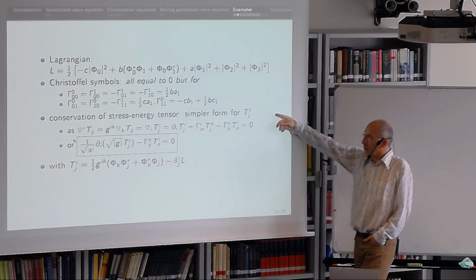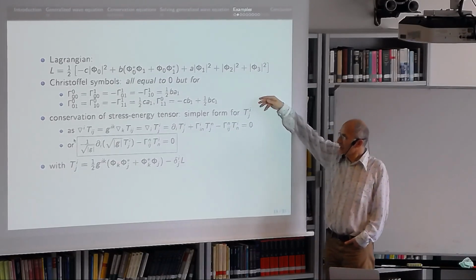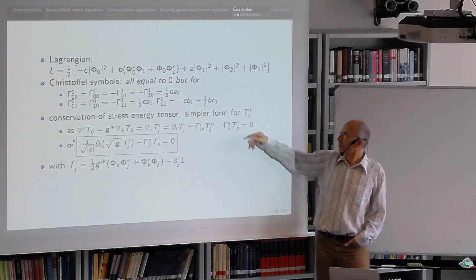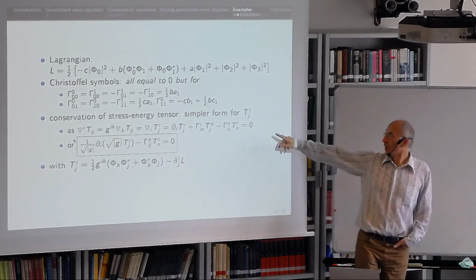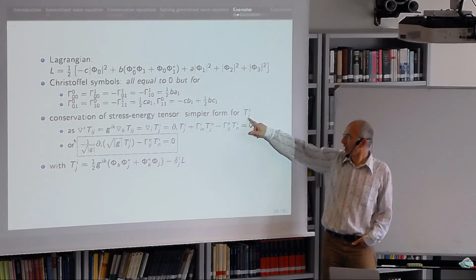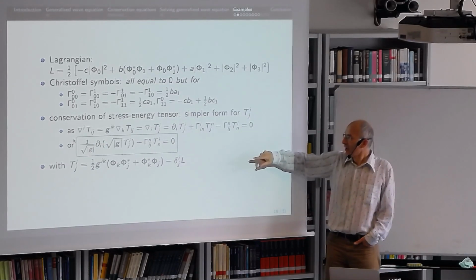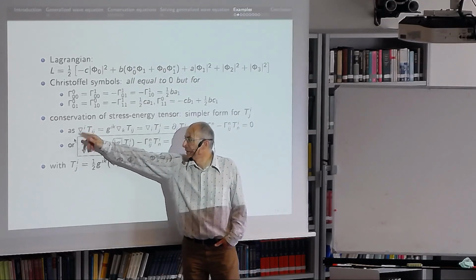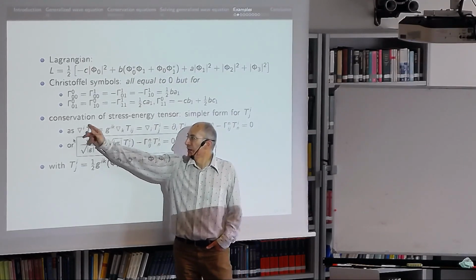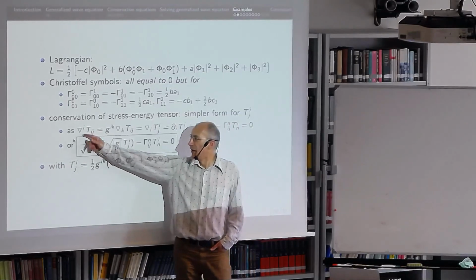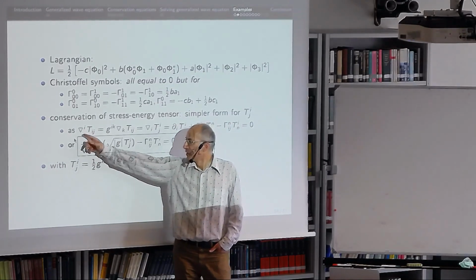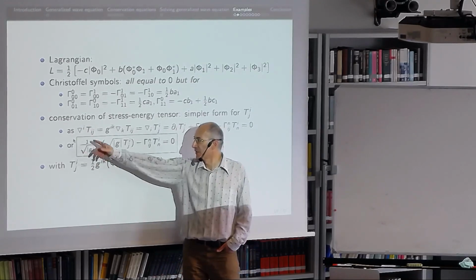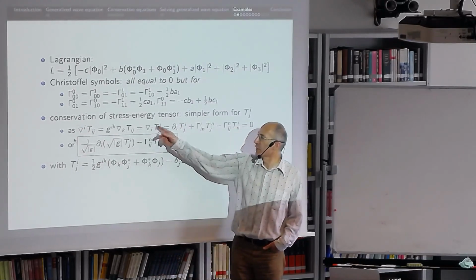So when we look at the conservation of the stress energy tensor, there is a simpler form if we look at T^i_j with i contravariant and j covariant, because we do not have a formal definition. It's more complex to define the contravariant derivative than the covariant derivative.